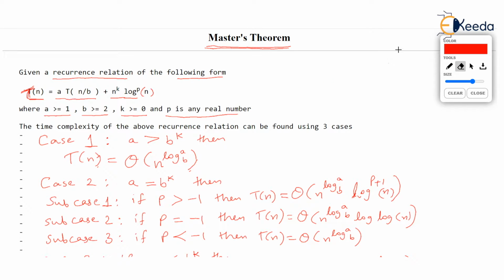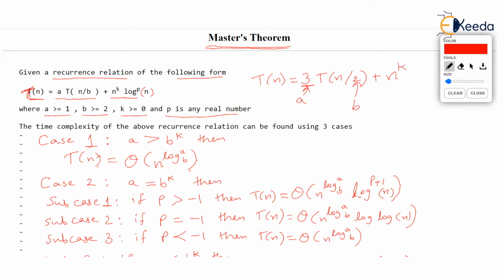Suppose we are having a recurrence relation like this. T(n) is equal to, just check this, 3 T(n/2) plus n. This is the recurrence relation. Now here a is 3, b is 2, and remember this is n raised to k.